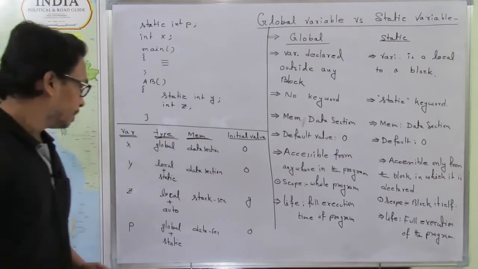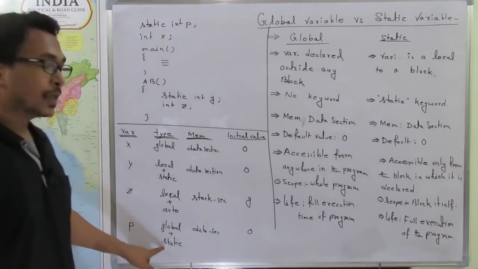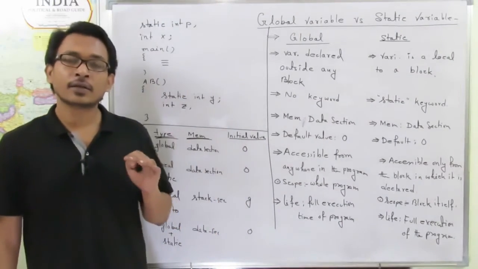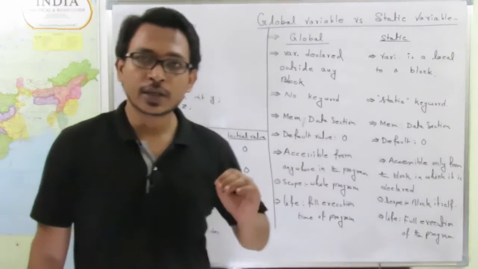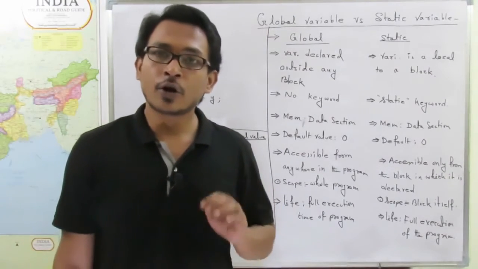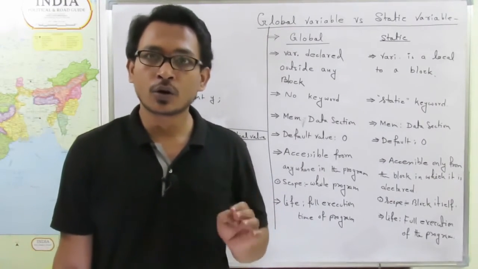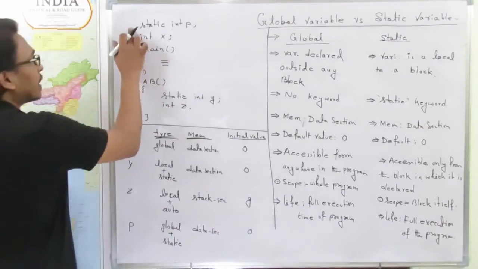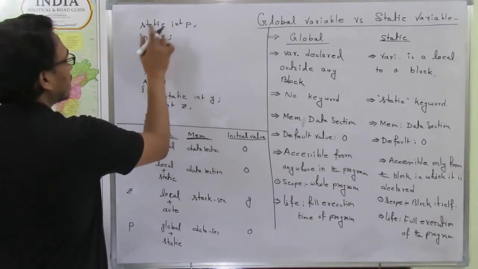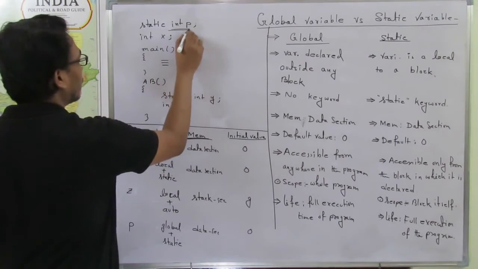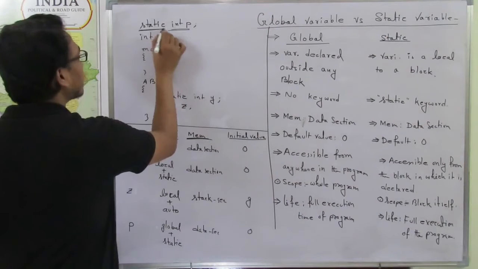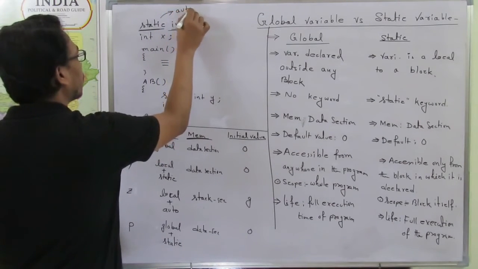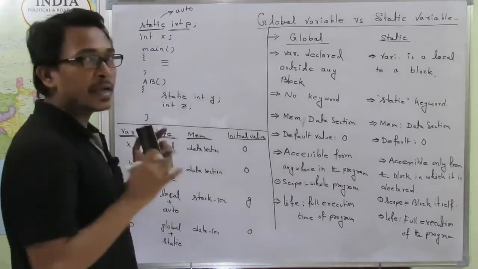Now what happened for static? Look, in case of a global variable, when we use the static storage class, it is automatically converted into auto storage class. Clear? That means as this is a global variable, this static storage class will be automatically converted into auto by the system internally.